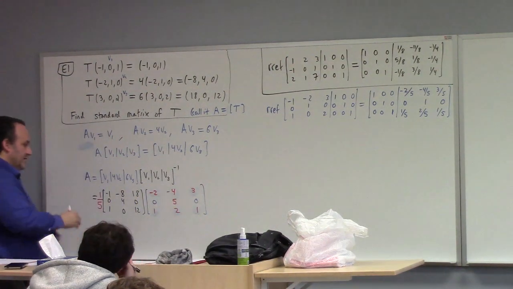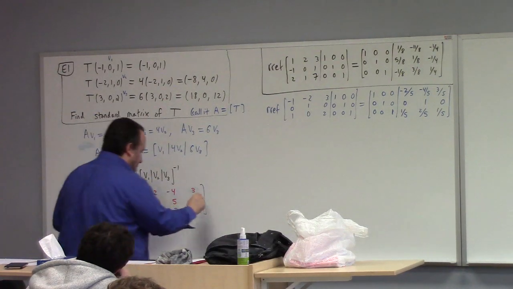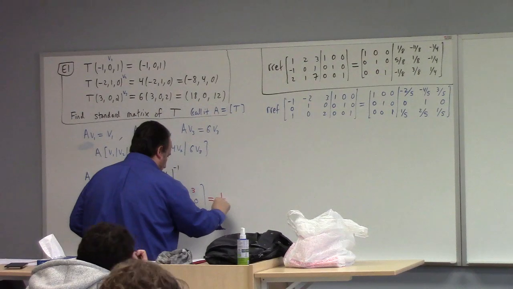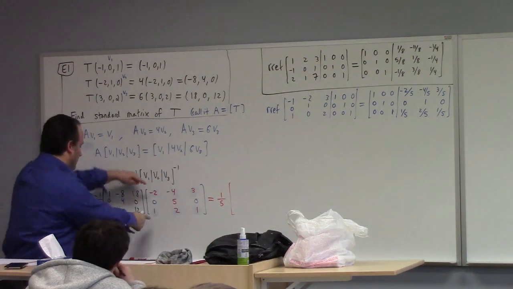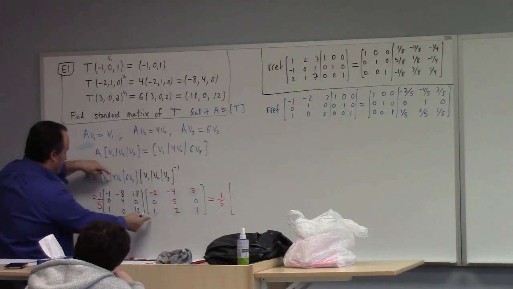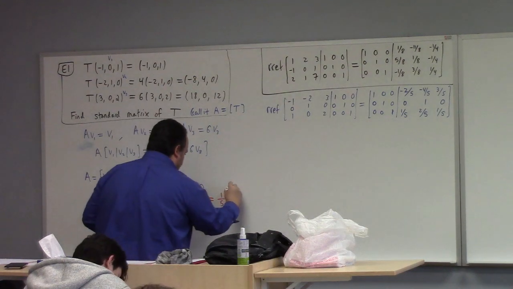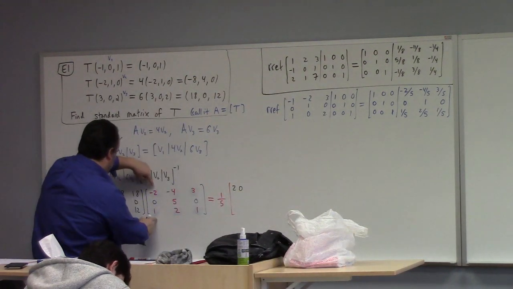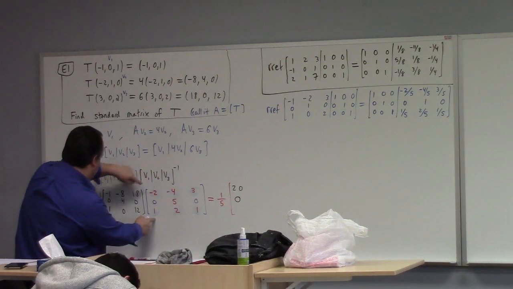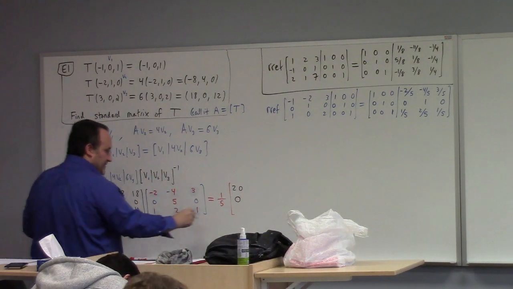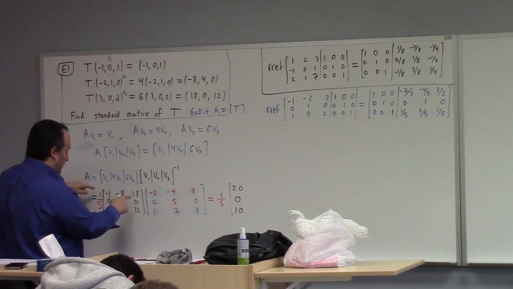Now we can multiply these matrices, right? Let's do it. What do we get? I get 2 plus 18, also known as 20. I get 0. I get minus 2 plus 12, also known as 10, for my first column.